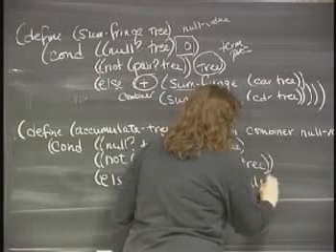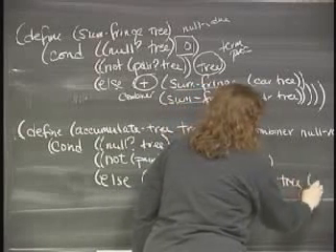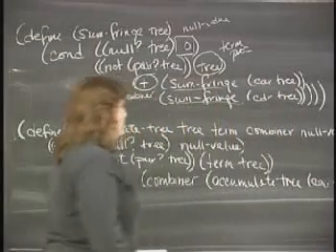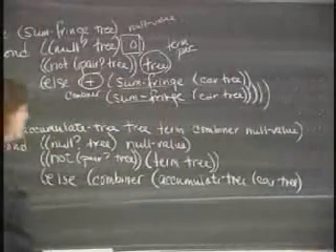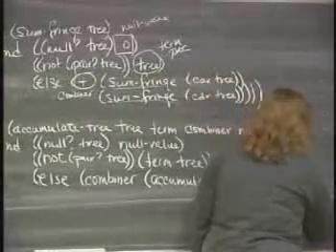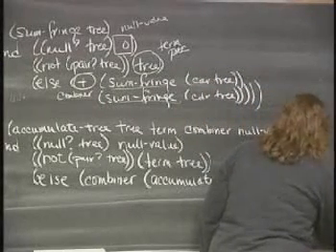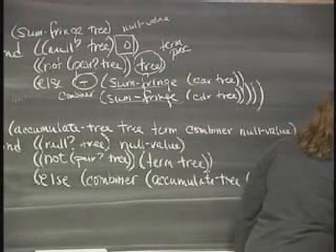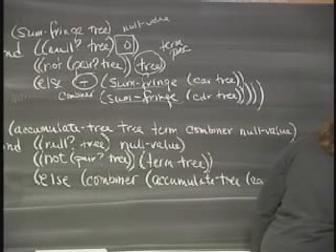Accumulate-tree on the car. Can I just close there? I've got to send all the other stuff. Term, combiner, null value.